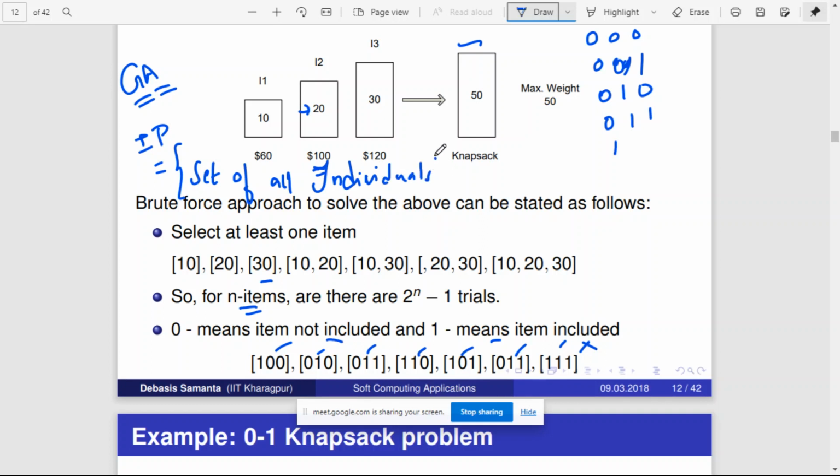From this only we are going to pick up one solution. So either you can call it a set of all individuals or a set of all solutions. In this case, these are the set of all solutions, and using binary encoding, this is how we represent them. This is clear?